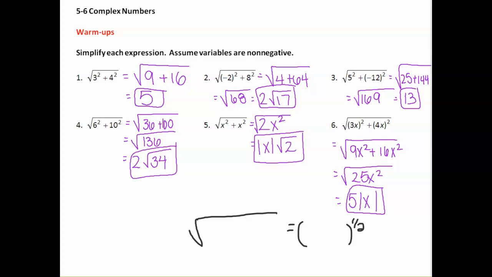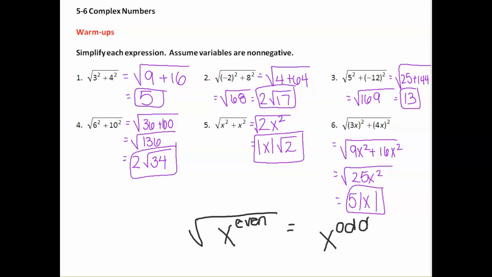If the inside power is also even, and you simplify it, and the new power of the variable becomes odd, now you need absolute values.